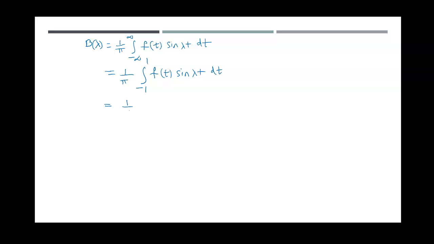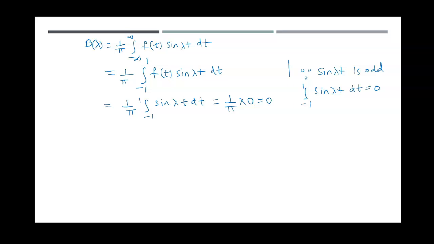So we get 1 by pi integral minus 1 to 1 sin lambda t dt, which equals 1 by pi into 0, which equals 0. Since sin lambda t is odd, the integral minus 1 to 1 of sin lambda t dt becomes 0 by the formula of definite integration. That formula we have seen already in the previous question: integral minus a to a of f(x) dx equals 0 if f(x) is odd. By using this formula, this becomes 0.